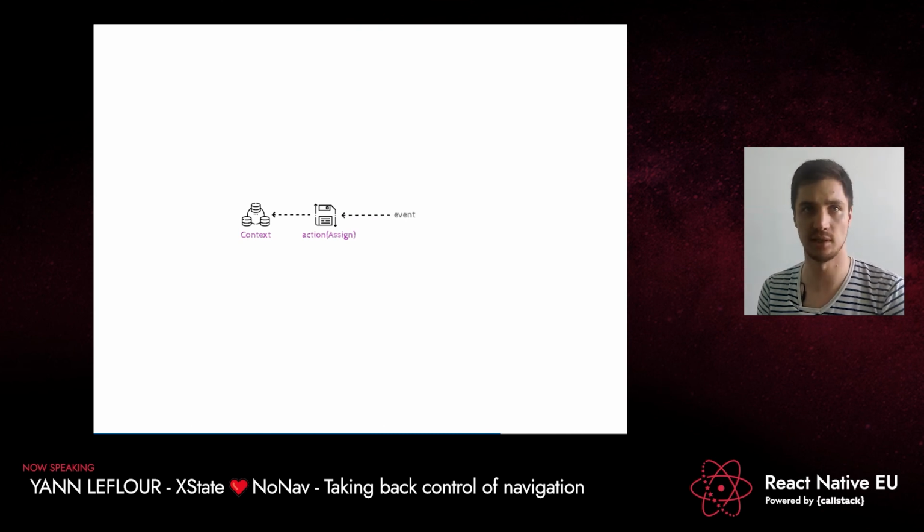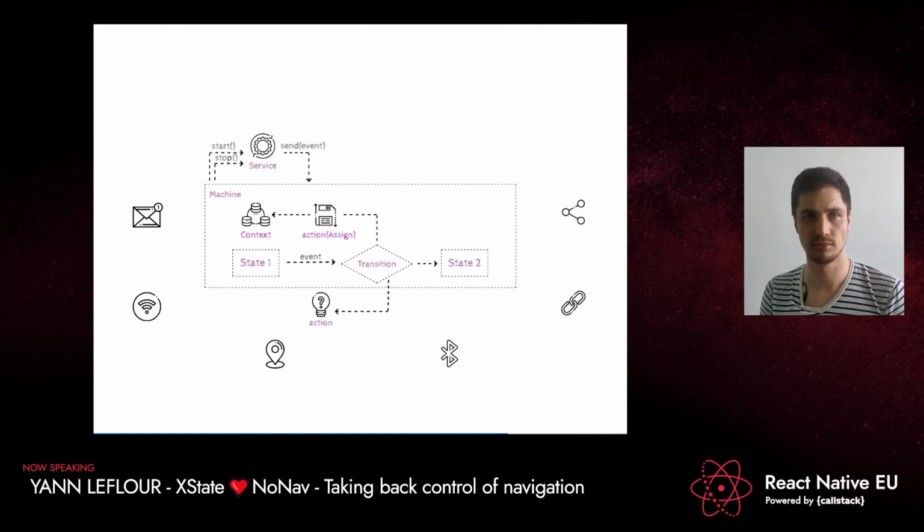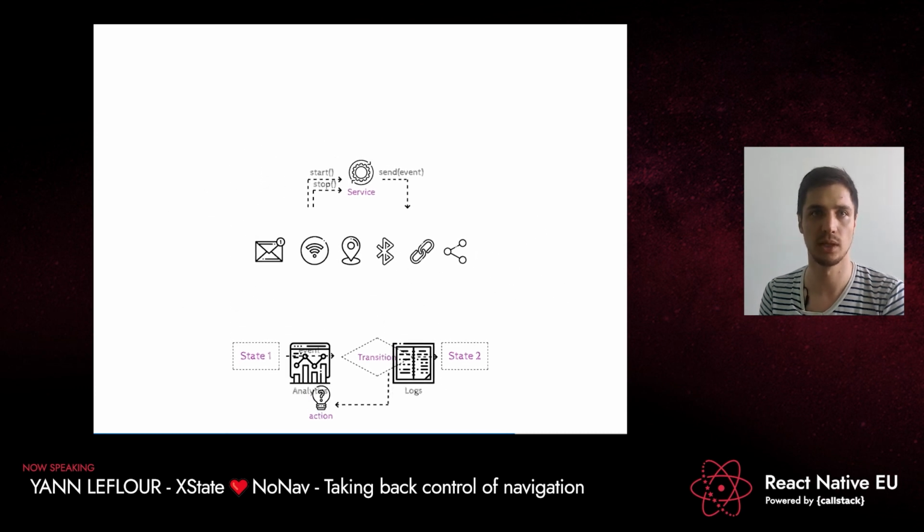If we take Redux, for example, the context is equivalent to the store, our action to the reducer, and the event to actions. So the entirety of Redux can be summed up by only 3 of the tools available in XState. And the extra layer of tools allows us to streamline our developer experience greatly.